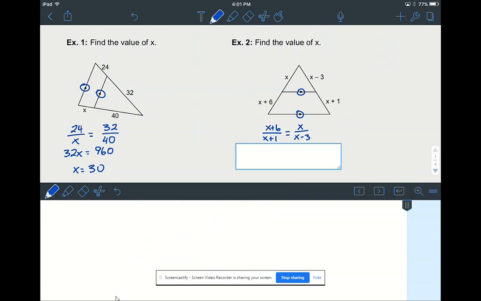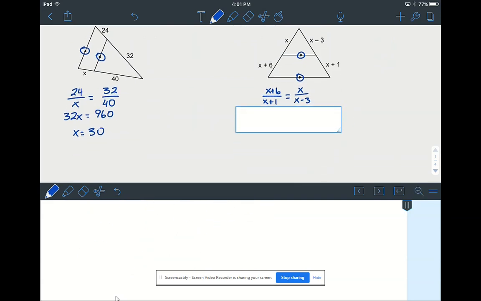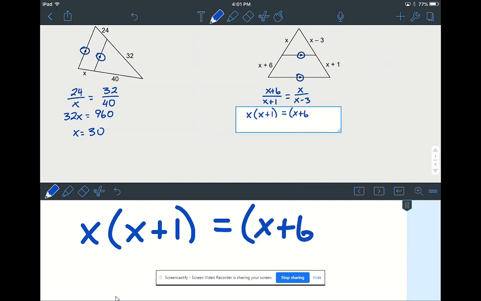All right, I hope you are ready because we're going to bring back in a little bit of foiling and stuff here. So whenever we cross multiply, I'm going to write it out instead of actually doing it in my head right now. So x times x plus 1, so we're going to have to distribute there. And then x plus 6 times x minus 3, sorry.